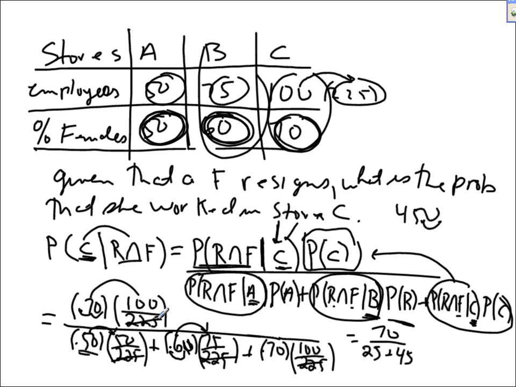And you get 45. And 70 times 100, just like we did on top, is 70. This is 70 plus another 70. In the bottom, you have 2 70s. In the top, you have 1 times 70. The 70s cancel, and you get a half. Half the time, if you are a resigning female, you came from store letter C.